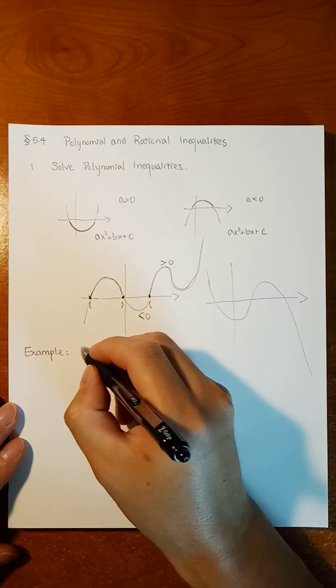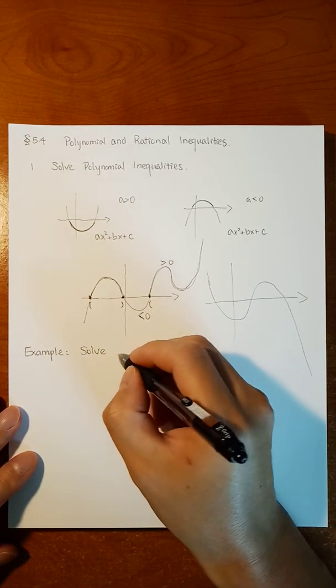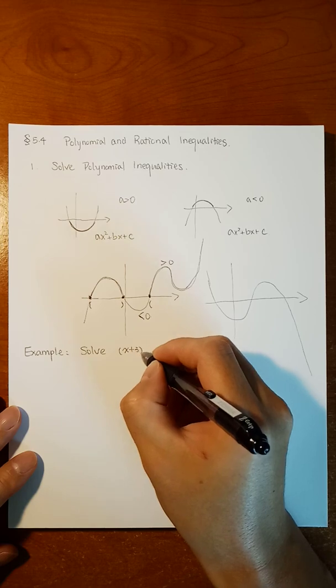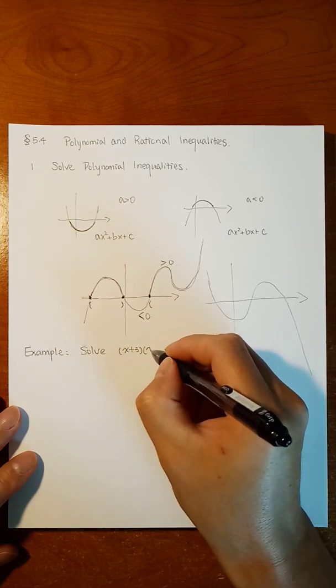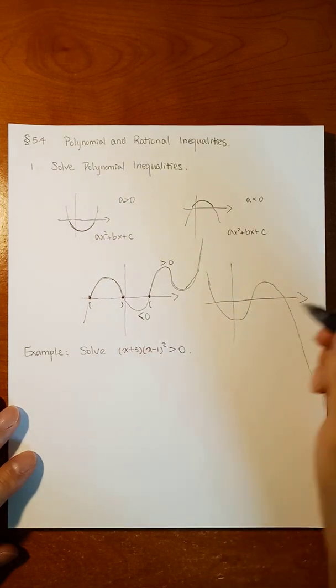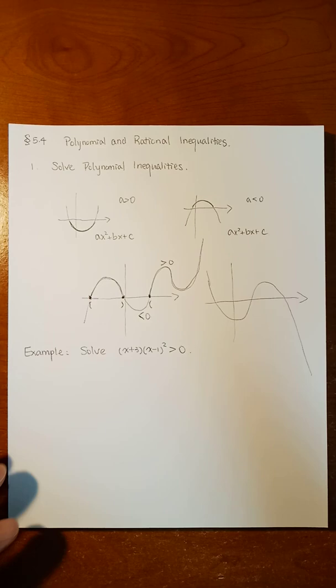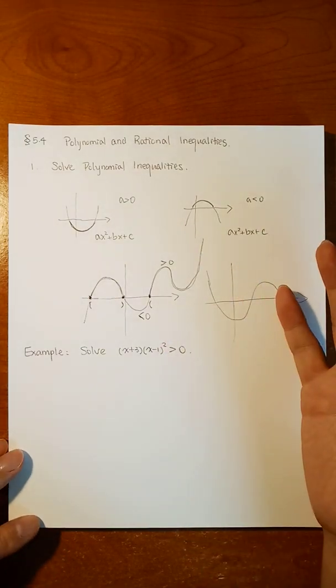So for example, solve x plus 3 times x minus 1 squared greater than 0. How do we solve it? How do we solve the quadratic inequality?